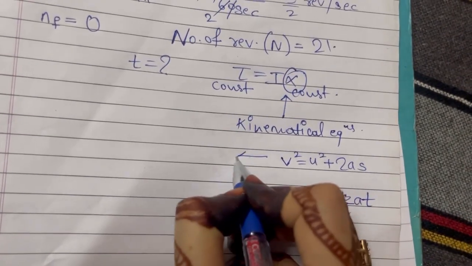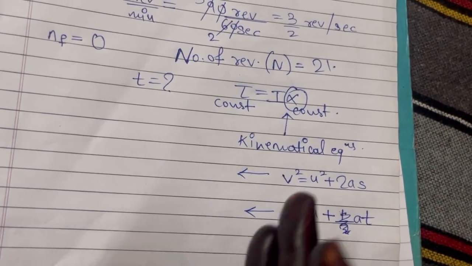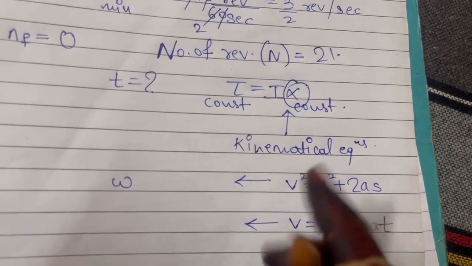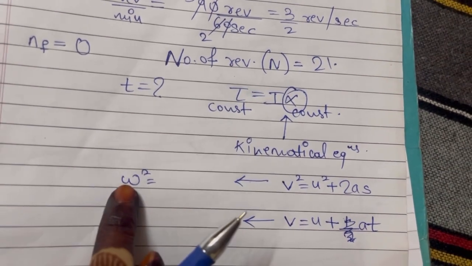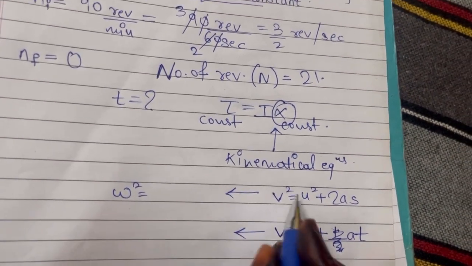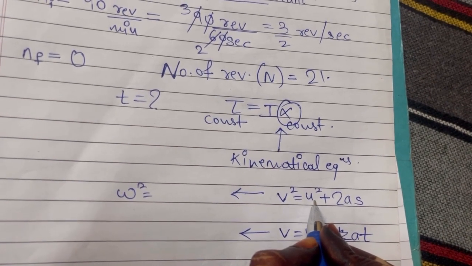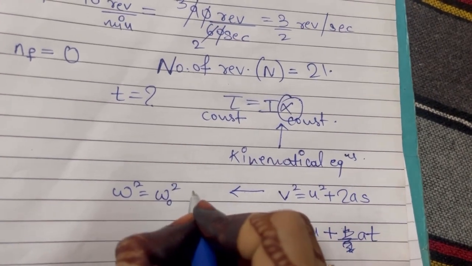So when we look at rotational motion, these kinematical equations will change. In place of v, that is linear velocity, we will have angular velocity, that is final angular velocity. In place of initial linear velocity, initial angular velocity.